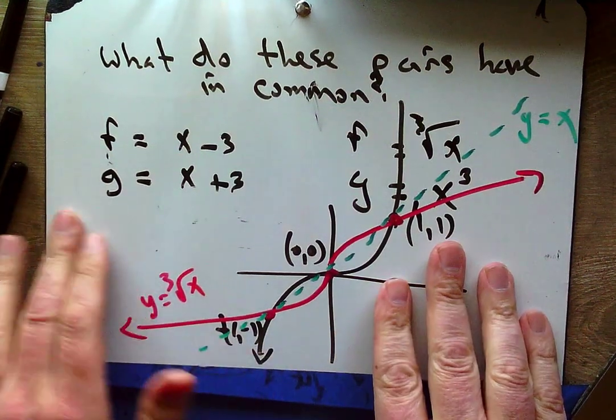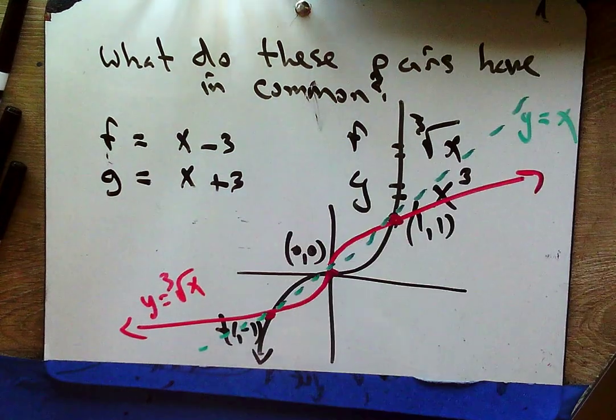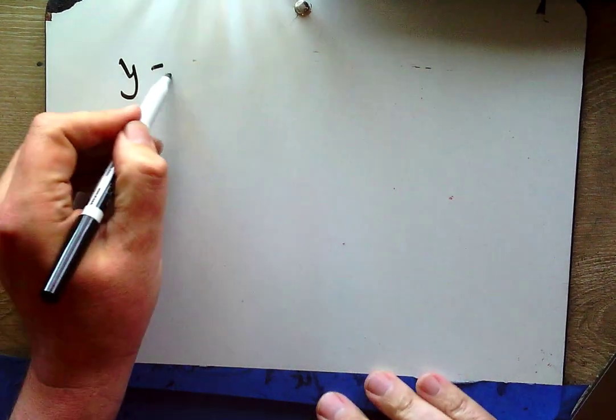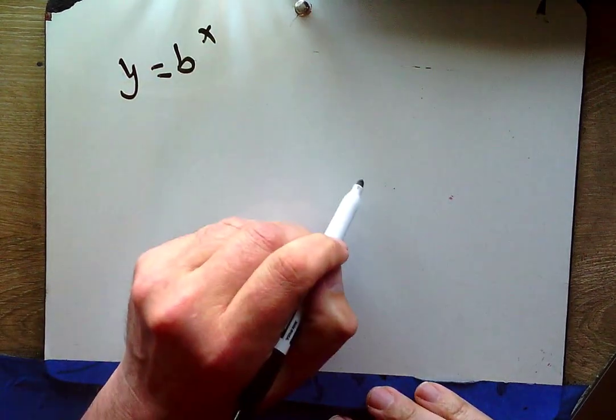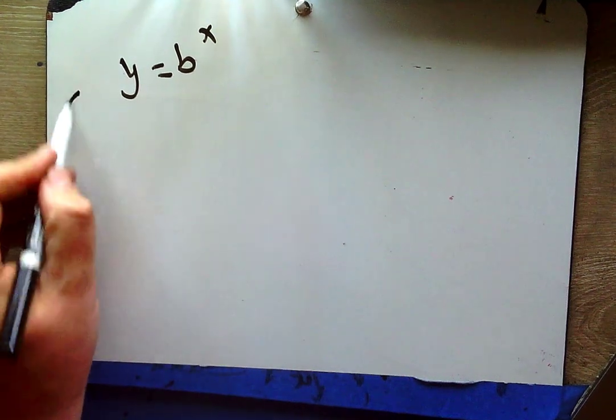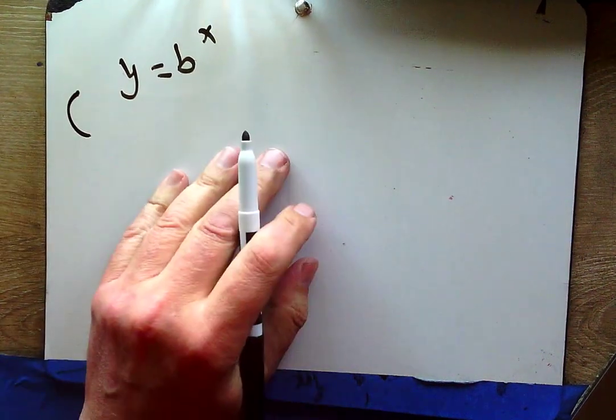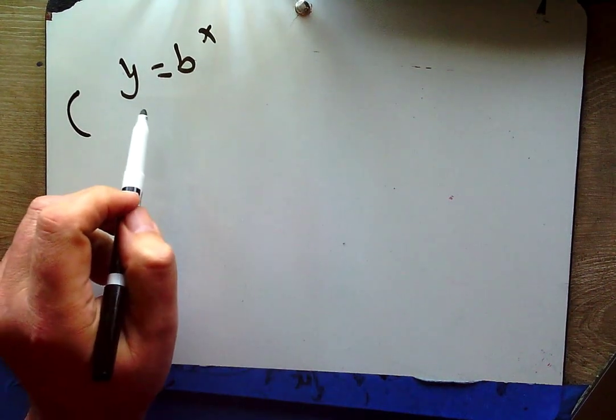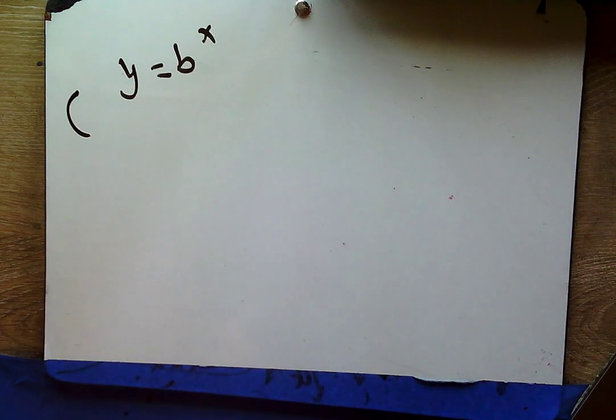So I want to say something about inverses. You know how yesterday, or in the last video, we looked at y equals b to the x? And we had as its reference points, pause the video, write down the reference points. Come back in a minute. Or just say them out loud to yourself.